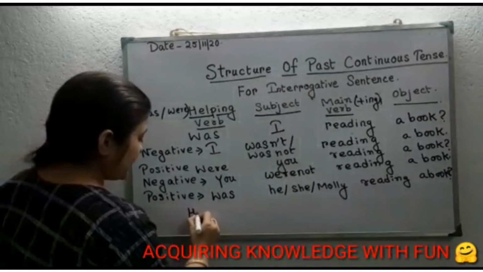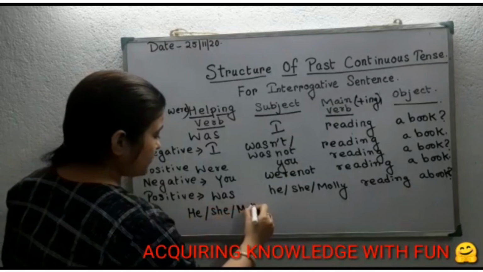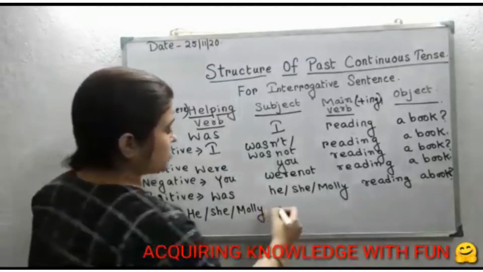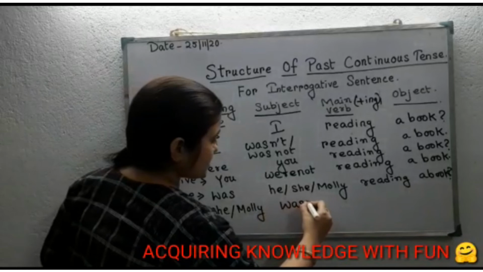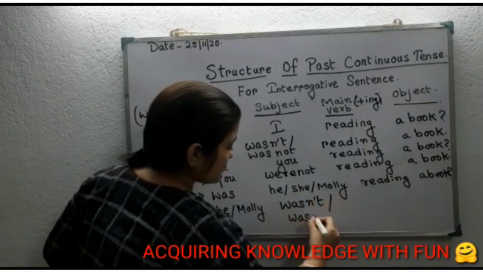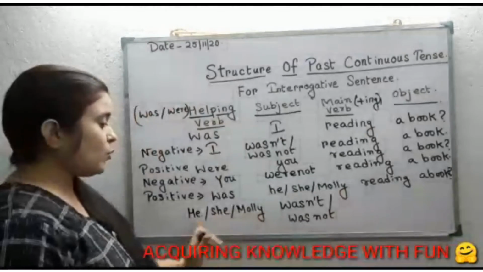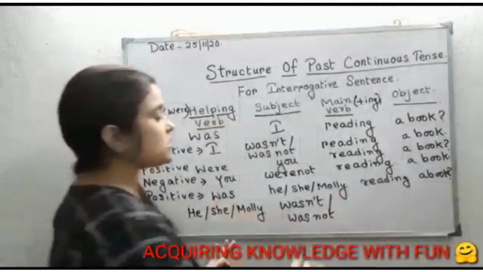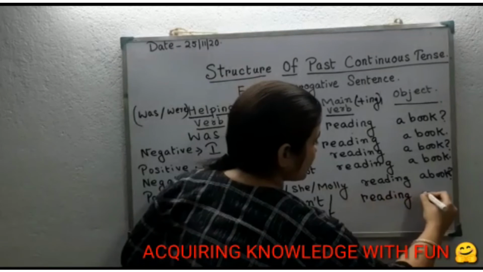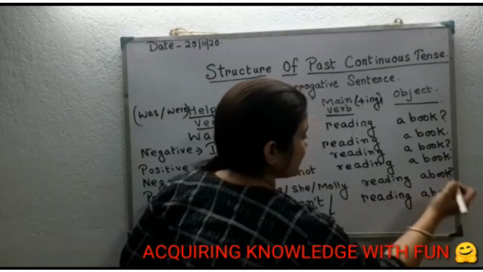So he, she, or Molly. Then was not. Very good. Was not or wasn't. Yes. Okay. He was not or she was not or Molly was not reading a book. Full stop.